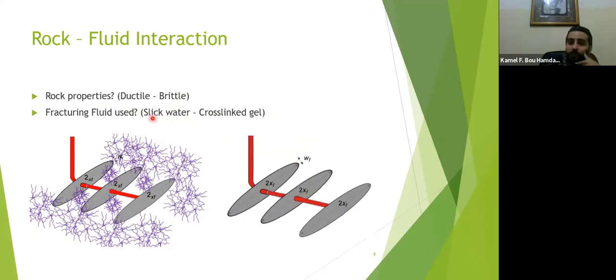So if we are using slick water, we're most probably going to get something similar to this one as well, because slick water can penetrate small pore sizes and extend more into our rock, so it can break it at further locations. Cross-linked gel cannot really penetrate small pores, so it has to look at the larger pores. So you're probably going to get first the larger fracture size like this, and after that, there will be minimal or no extension of the fracture itself.